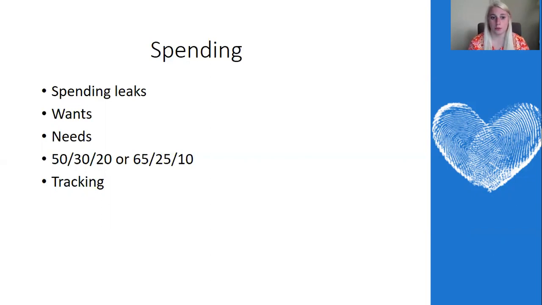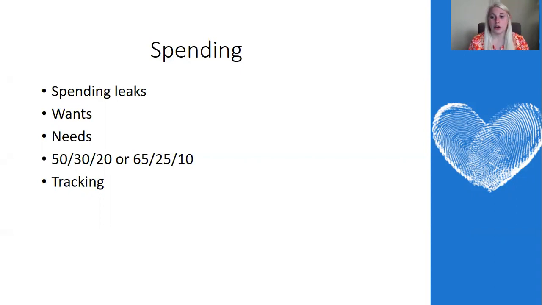And a lot of that comes from tracking. So leading back to the tracking from spending leaks, you're going to identify those things by tracking your income and tracking everything you're spending and what you're spending it on. So tracking can be as simple as just tracking the amount of money that you're spending throughout the month that you're budgeting. So it could be, okay, this Sunday I spent this amount of money at the grocery store.